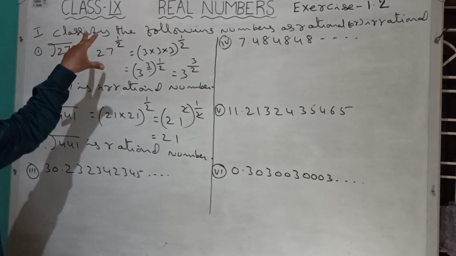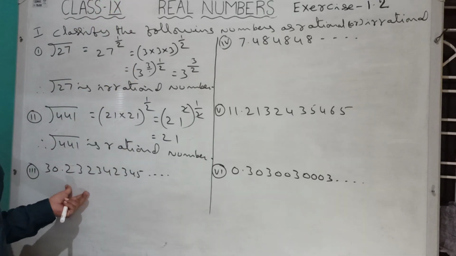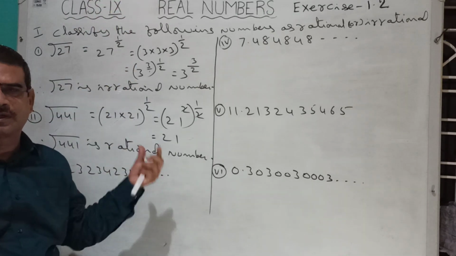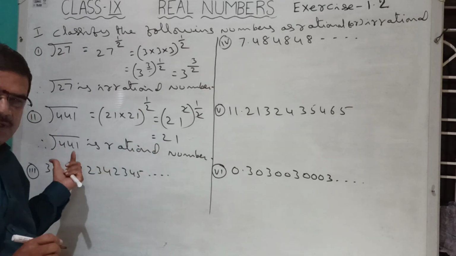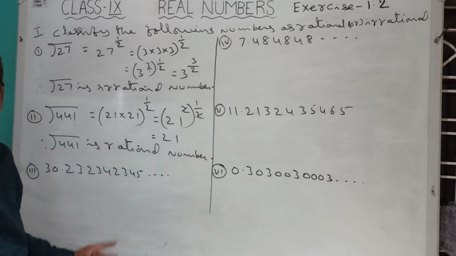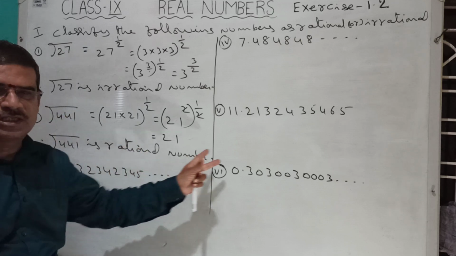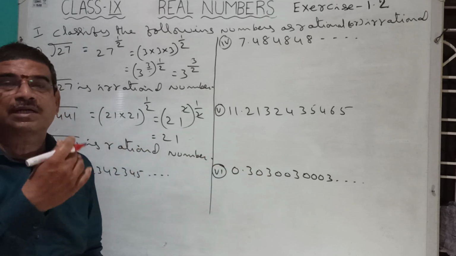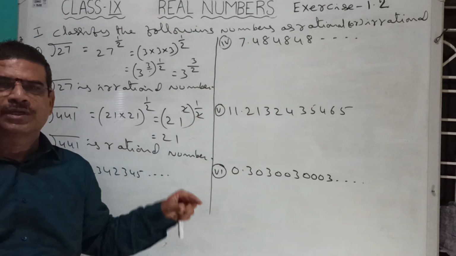So these are the cases with fractions in the exponent. What about the decimal system? In the decimal system, I already told you in the introduction class: if the decimal has an ending number, that decimal number is called a rational number.